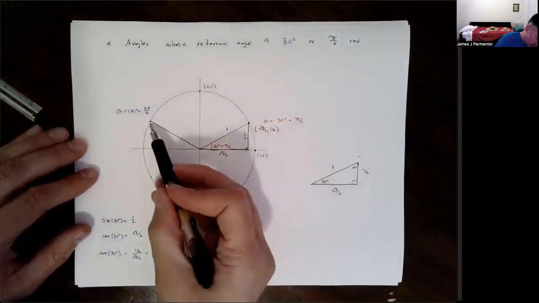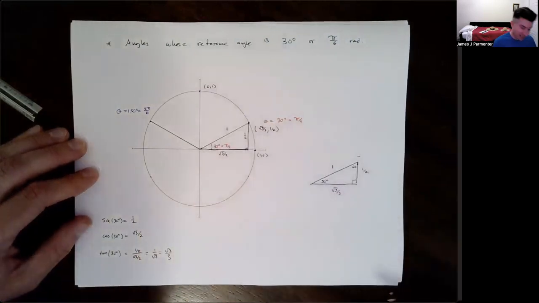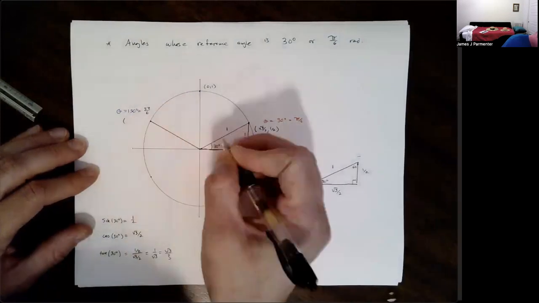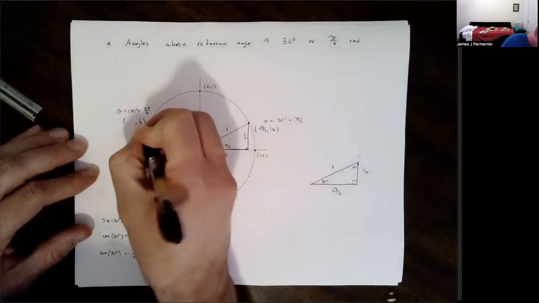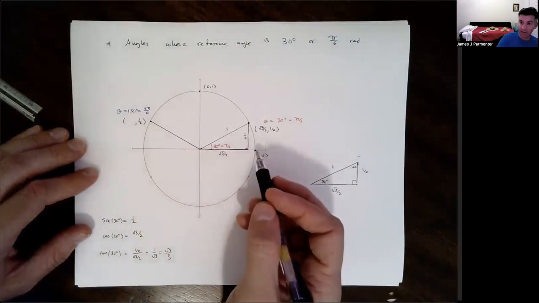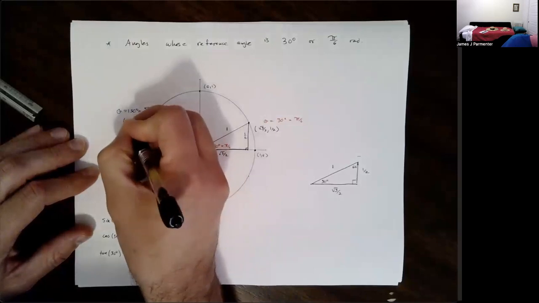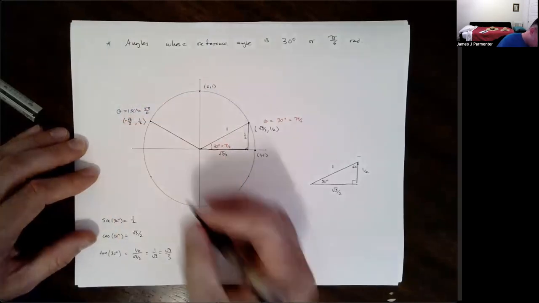This point here has the same height as this point, so the y coordinate is the same. But this point here, instead of having a positive x coordinate, it's the same distance, but to the left, so it's a negative x coordinate. It's going to be a negative root 3 over 2.